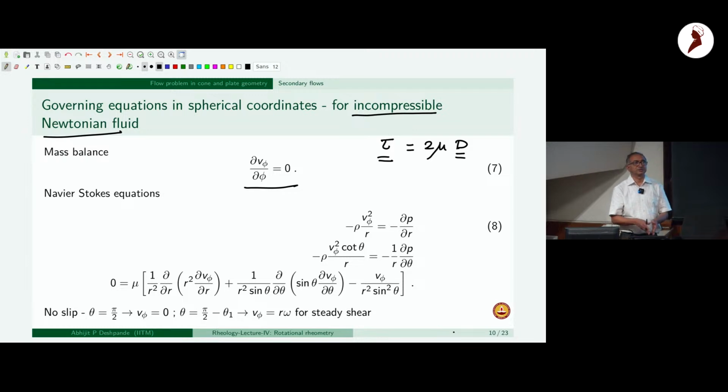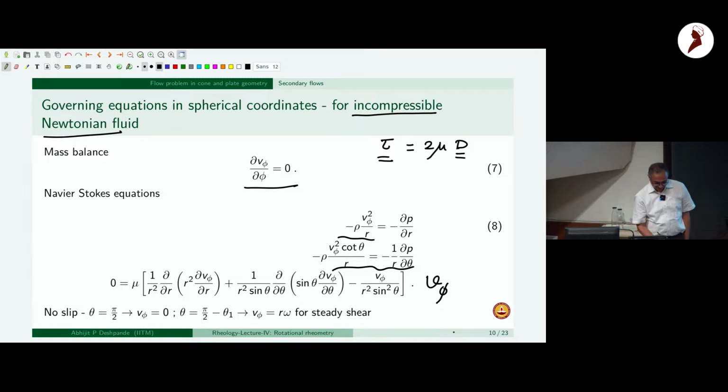Newton's law of viscosity: stress is proportional to shear rate. And D is written in terms of velocities, so the Navier-Stokes equations are simplified. If we keep inertial terms negligible, then we don't have to worry about the R and theta equations. We only have to worry about the V phi equation.